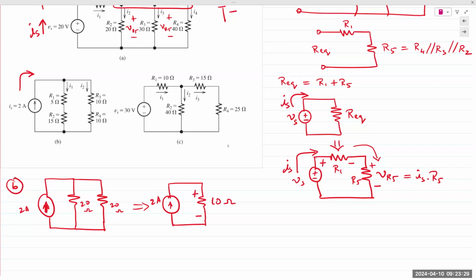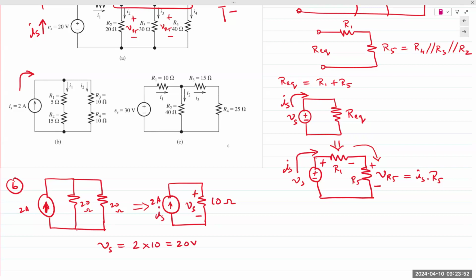The voltage across the current source is equal to the voltage across the resistance. So if this is IS, I'm going to call this VS, and VS is 2 times 10, which gives me 20 volts.